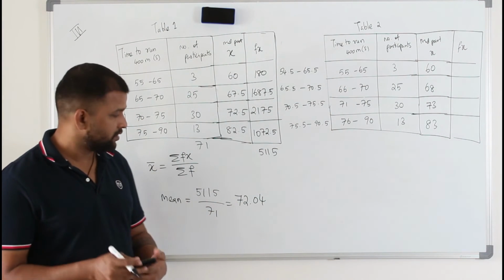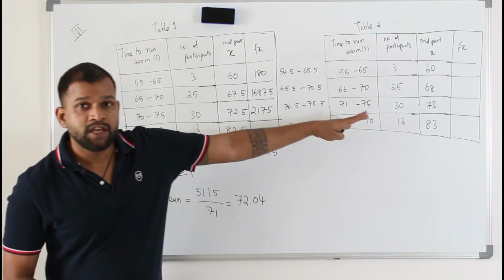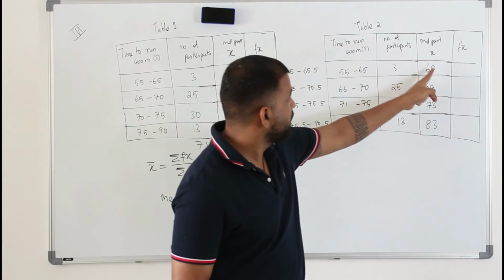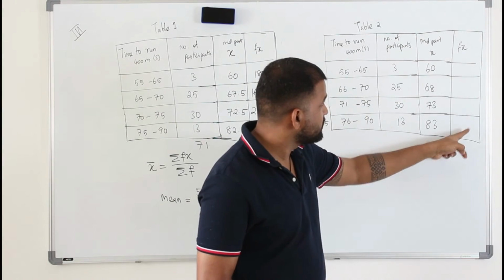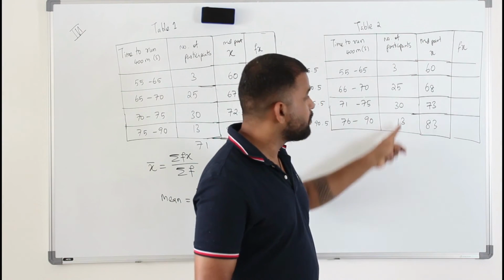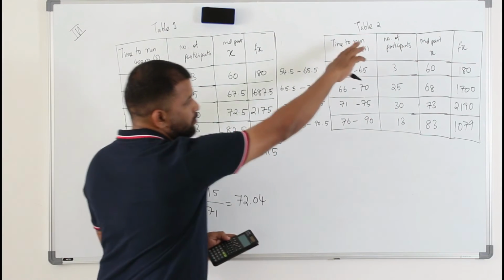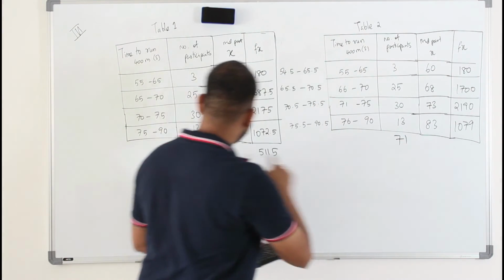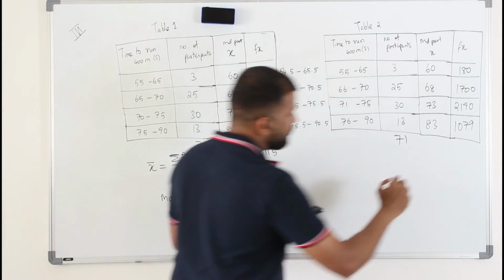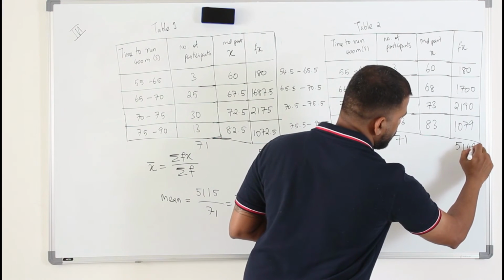3 significant figures. So we are going to do the same thing here. Take f, multiply by x and find fx. Sum of fx, sum of f, divide. Here sigma f is going to be the same, 71, but sigma fx is 5149.